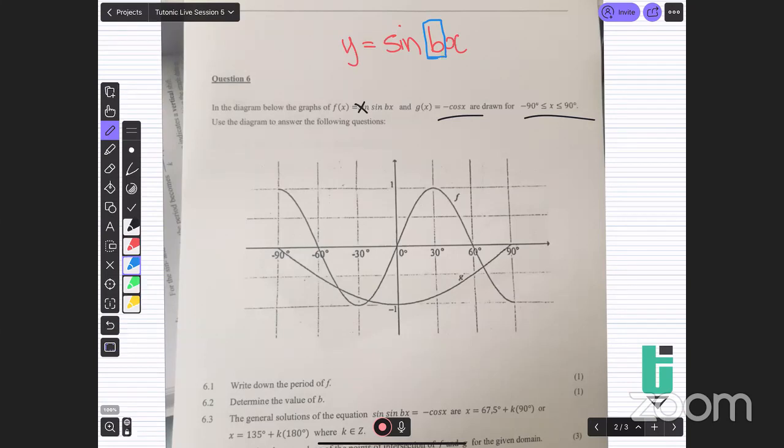Isn't it the period? Is b the period? It's not the period, it's related to the period. You can work out the period from b, but what is the effect of b?